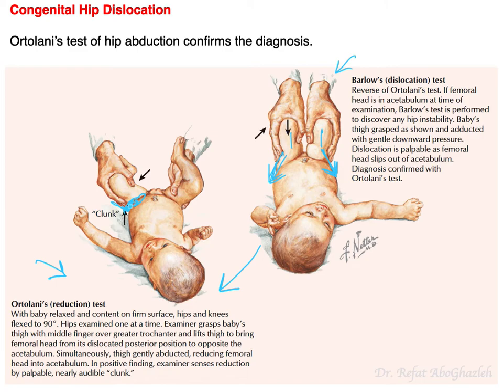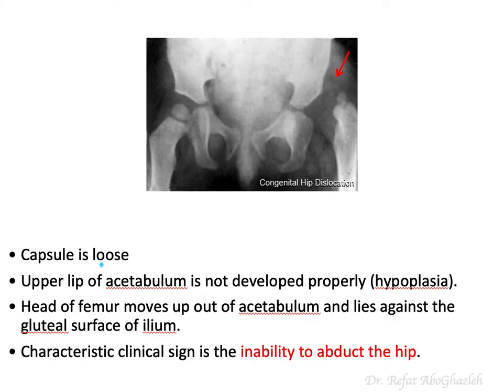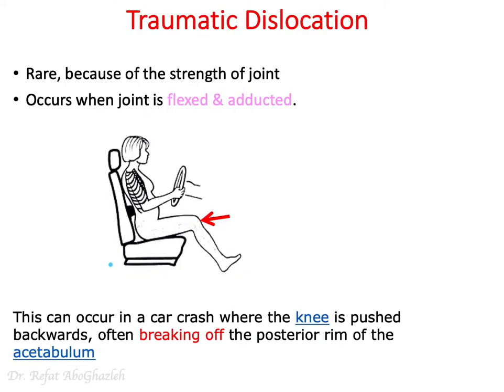The acetabulum. So posterior dislocation is common, especially if your thighs are adducted. That means your legs are close to each other, and the hip is flexed. Just imagine, you understand what it means when they are flexed and adducted.